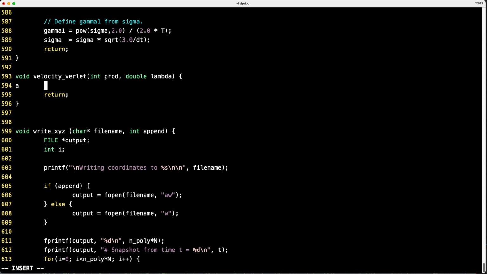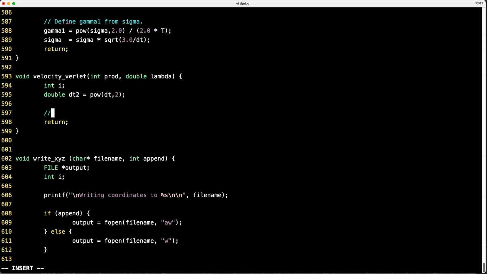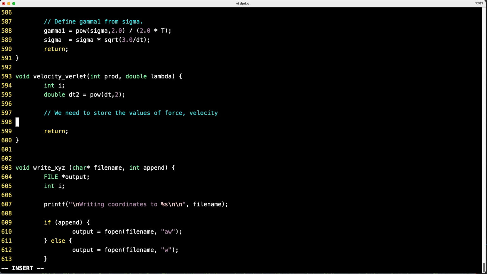And let's see, we've got just a couple variables we need an index to iterate over so that we can go through all of our particles and update their positions and velocities. And we need dt squared, which is just this. I guess I don't necessarily need the 2.0, and that's it. So first thing that we have to do, we need to store the values of force and velocity from the current time step.